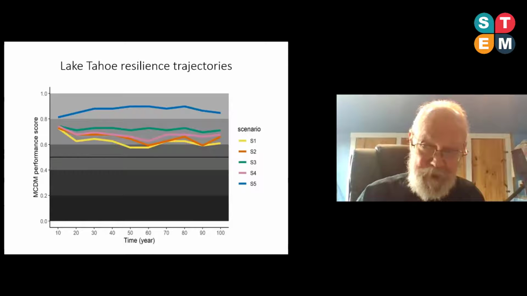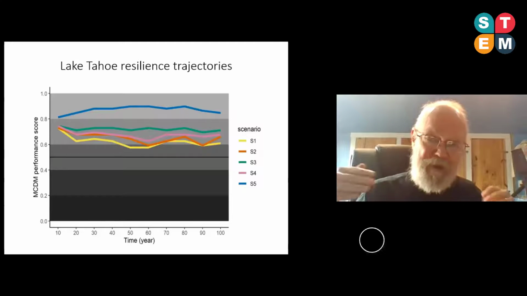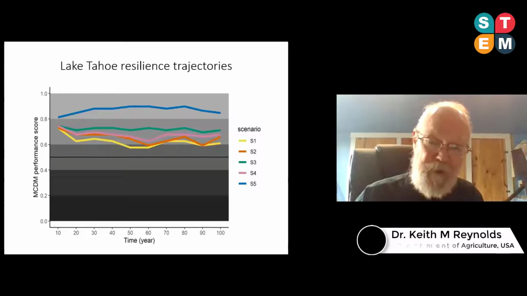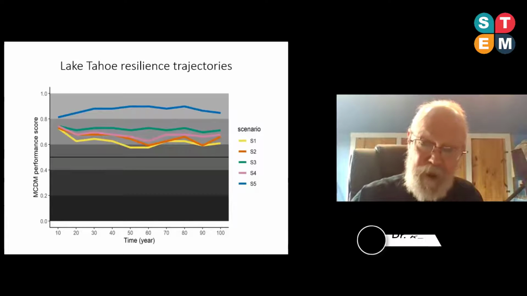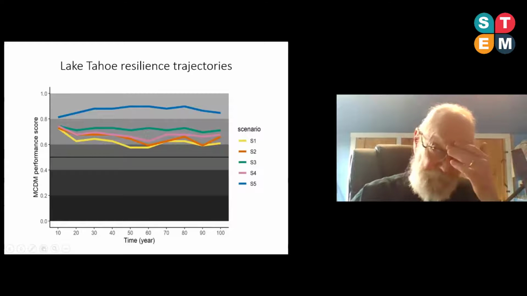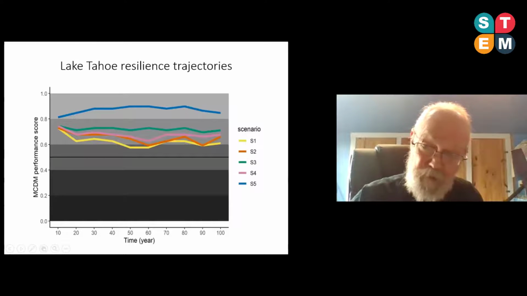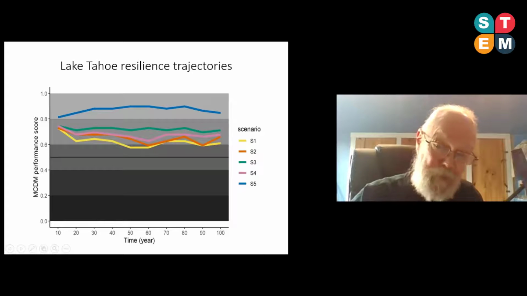This is like the comment earlier about peeling an onion. This is the topmost level of the decision model, which is looking at the trajectory of resilience performance over the 5 scenarios for Lake Tahoe. And my 5 scenarios over here, just as a reminder, the first 4 are dealing with fire suppression or different ways, that's mechanical treatment.